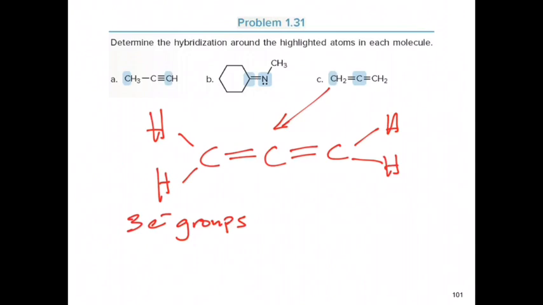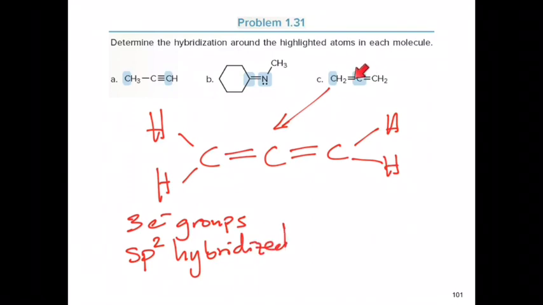And so this carbon must be sp2 hybridized. And then the middle carbon contains 2 double bonds, and so it contains 2 electron groups, 1 and 2. With 2 electron groups, this must be sp hybridized.